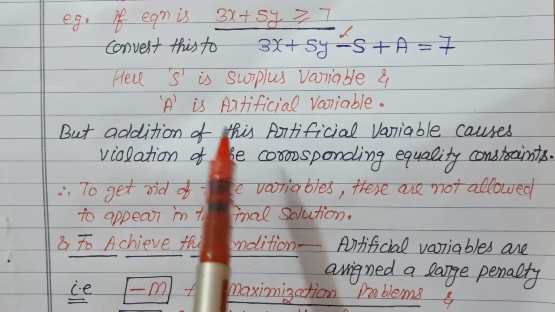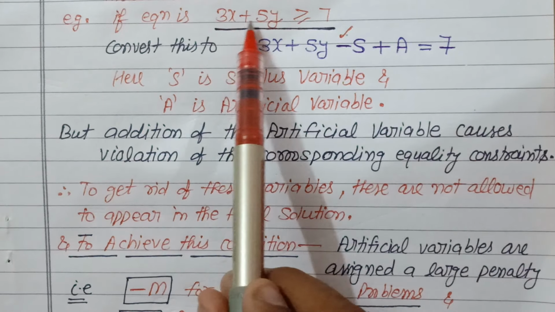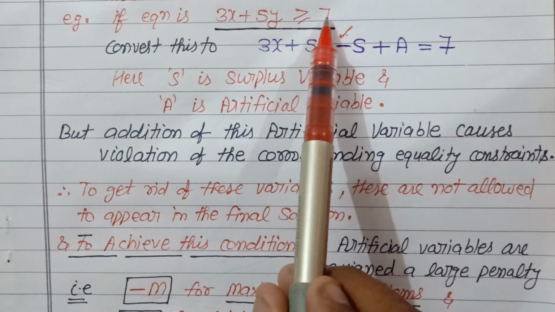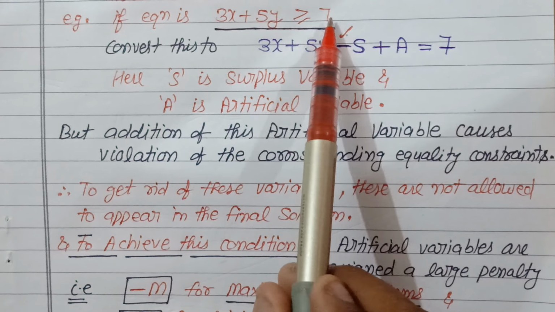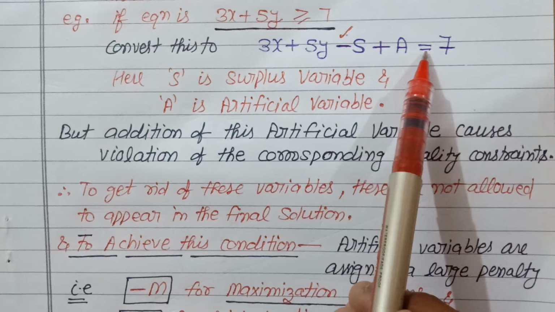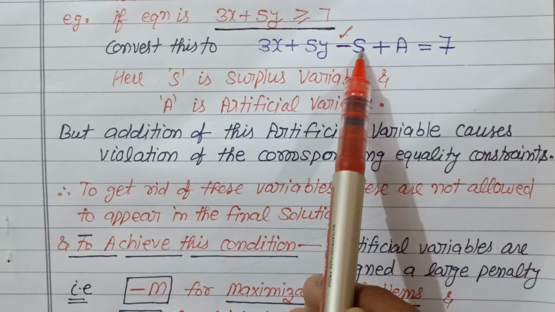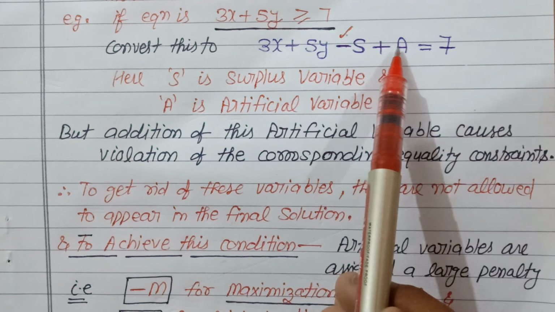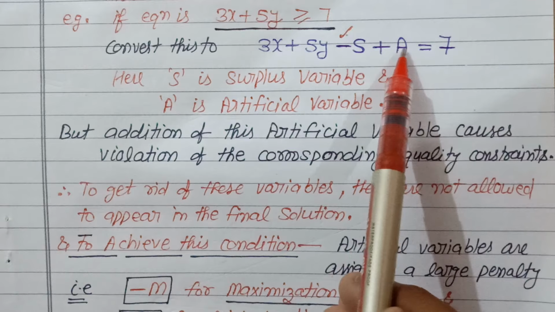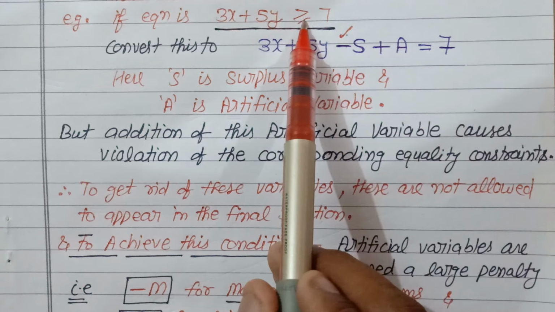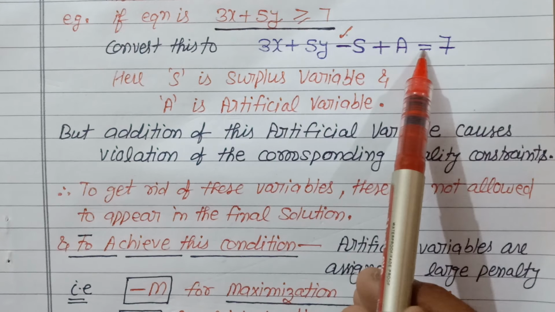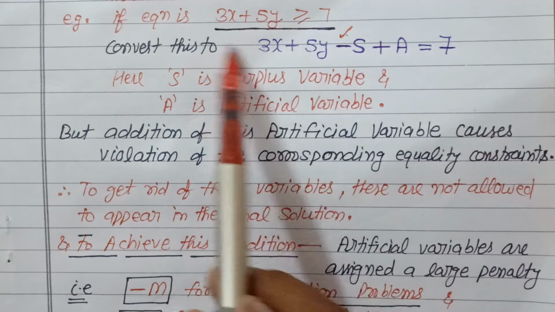For example, if the equation is 3x plus 5y greater than or equal to 7, then to make it an equality equation, we have to subtract a surplus variable, that is minus s, and add an artificial variable, that is a, and then this symbol will be converted to the equality symbol. So we have to follow this step.